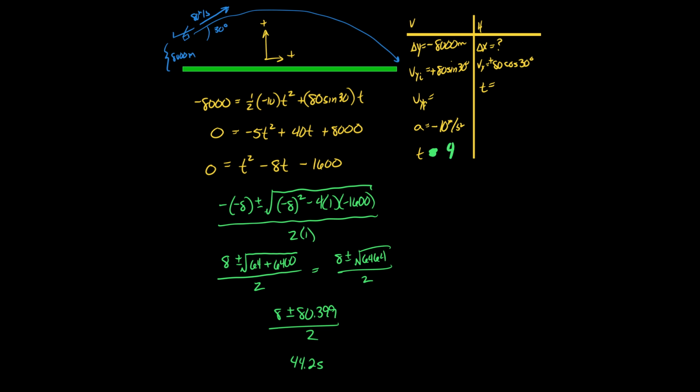That's got to be 44.2. So delta x equals, boy, these are boring, 80 cosine 30 times 44.2. I find delta x is 3,062 meters.